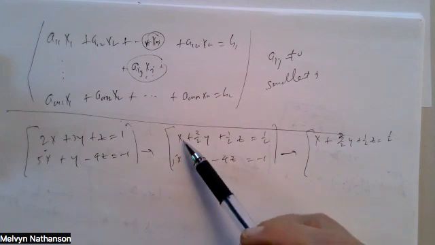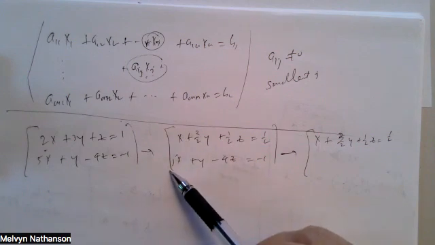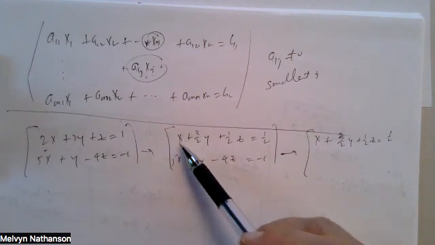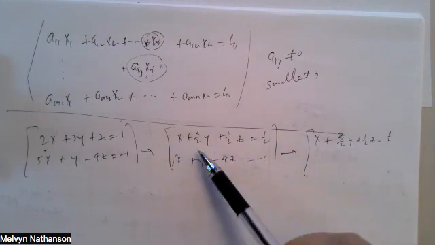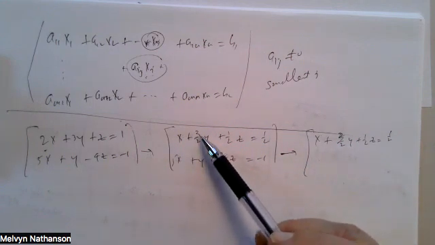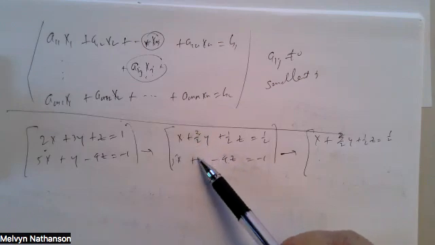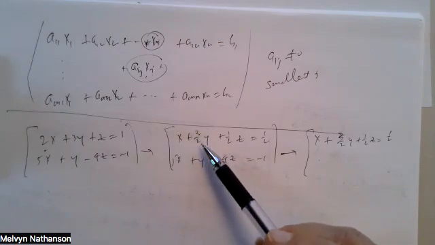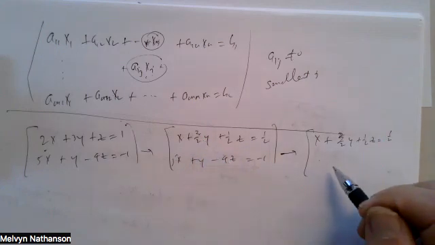And I subtract 5 times the first row from the second row. So 5x minus 5x is 0. y minus 5 times 3 halves, that's 15 halves. 1 minus 15 halves is minus 13 halves.